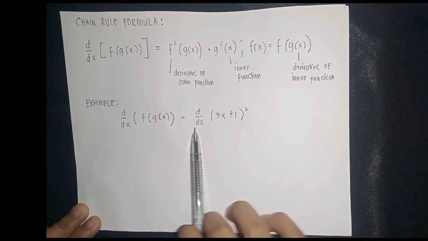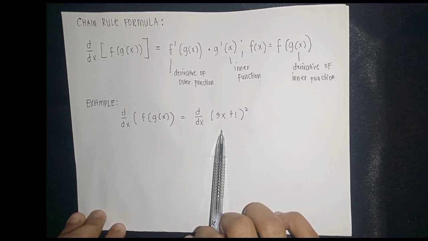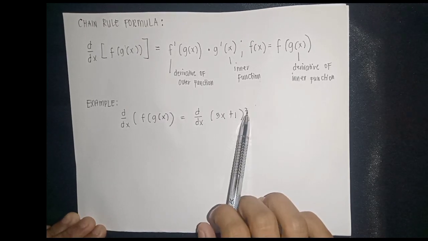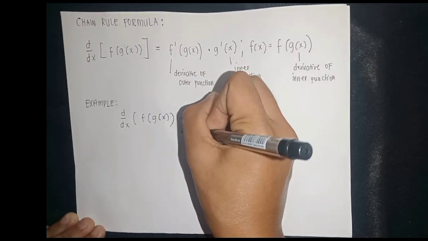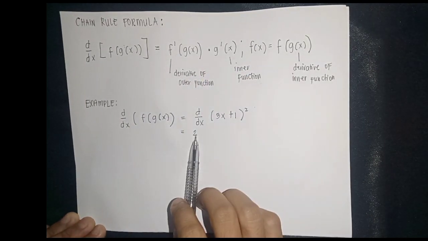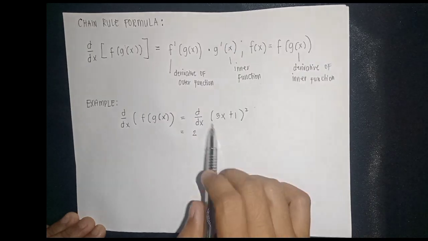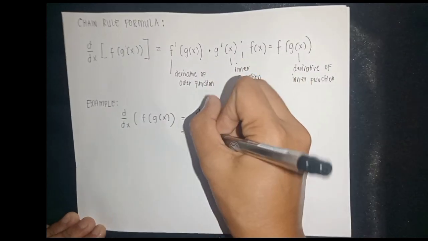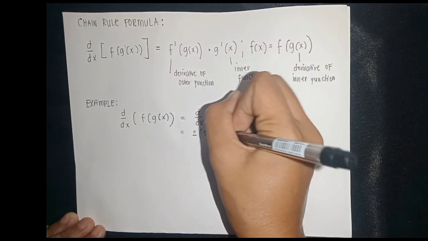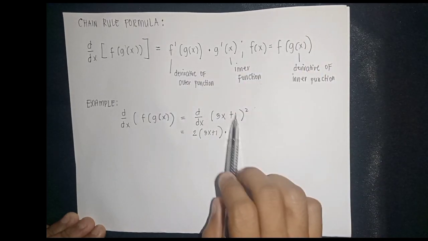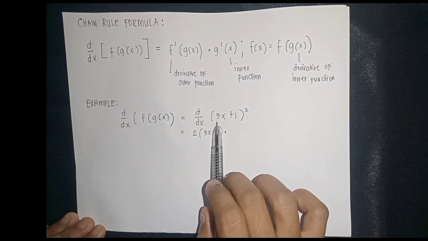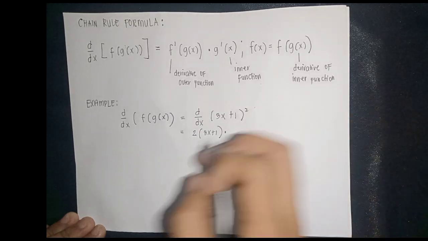So we need to differentiate this function. First, we differentiate the outer function, which gives 2, and then copy the inner function, 3x plus 1, and then multiply by the derivative of the inner function 3x plus 1.